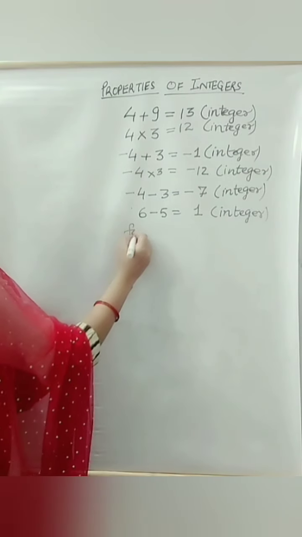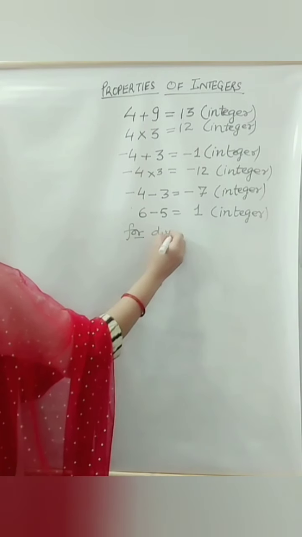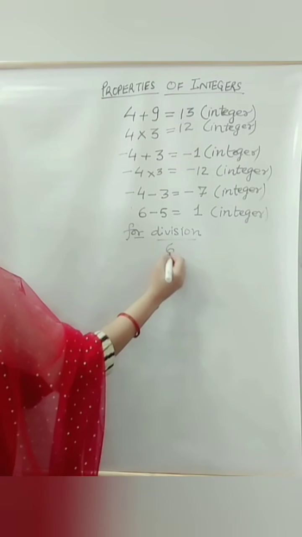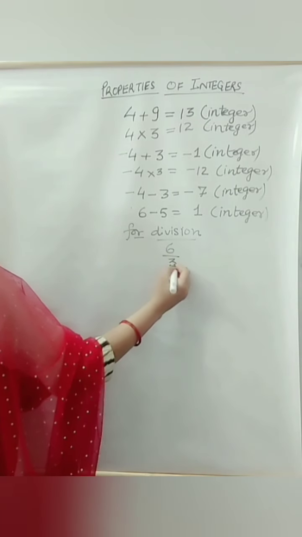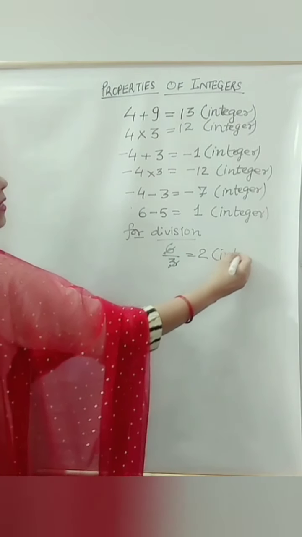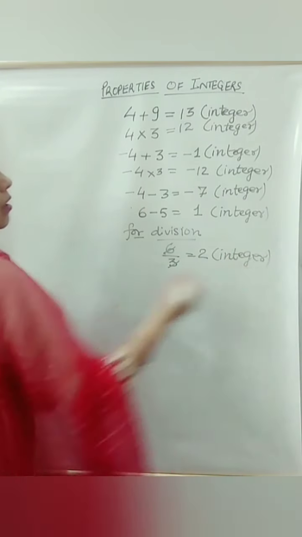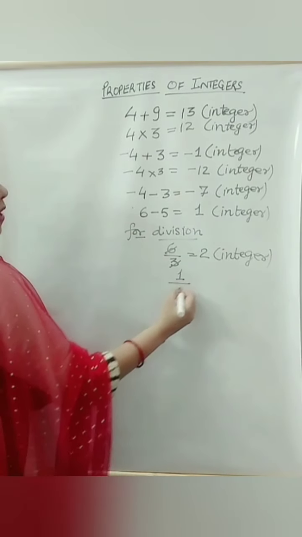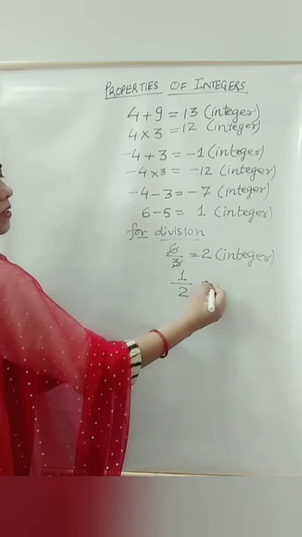Now for division, let me check. If we are going to divide 6 divided by 3, we are getting 2. This is an integer. What about if we are going to divide 1 divided by 2? Is it an integer?